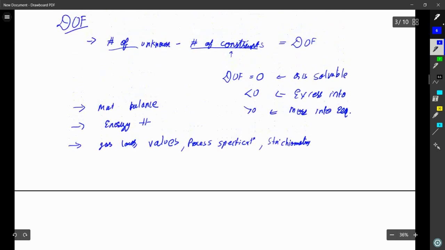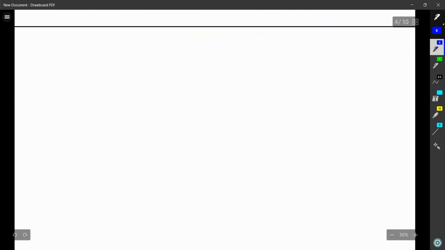And then you have different degrees of freedom equations for the three kinds of balances. For the molecule balance: number of unknowns, plus number of independent reactions, not independent equations, independent reactions, minus number of independent balances, minus other data.